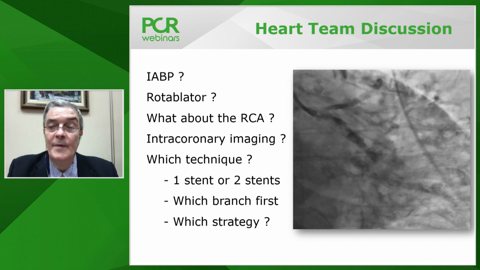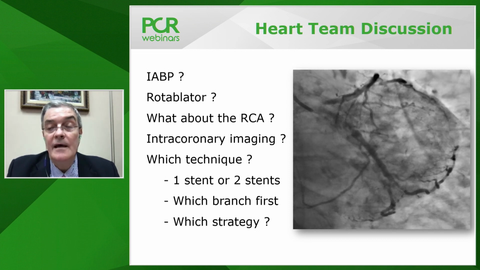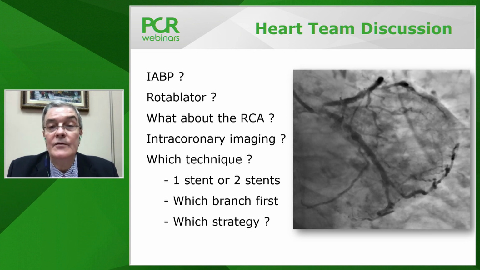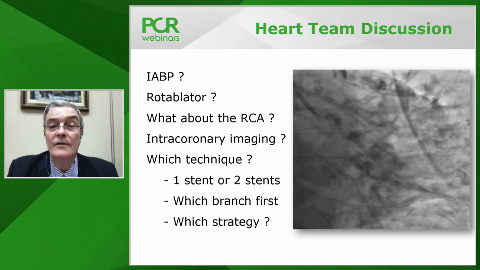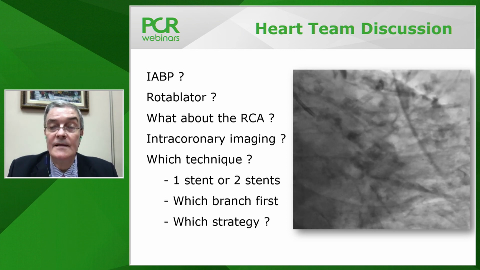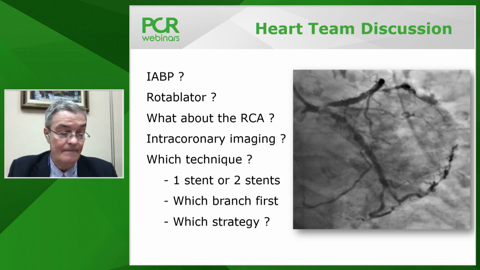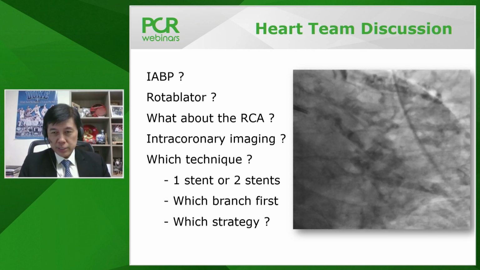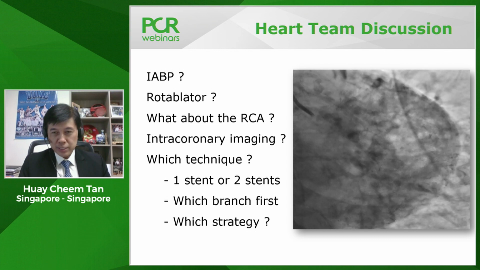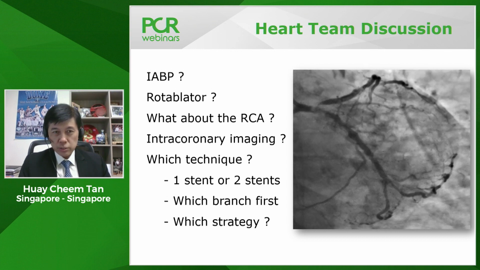I'm sure in such complex and diffuse disease, we should naturally have diversity of opinions. And I would like all three of us to express our views. Prof. Tan, what would be your strategy in this case? This is an incredibly complex lesion, and it fulfills every bit of the criteria for complex lesions in the DEFINITION 2 trial.